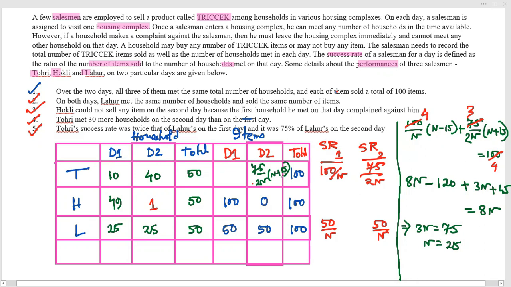So 4 into 10, 40. And this one will be 60 then. So we have filled this entire set of data, and on the basis of it we will go on answering questions now.